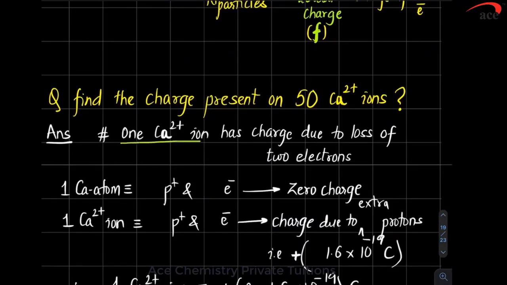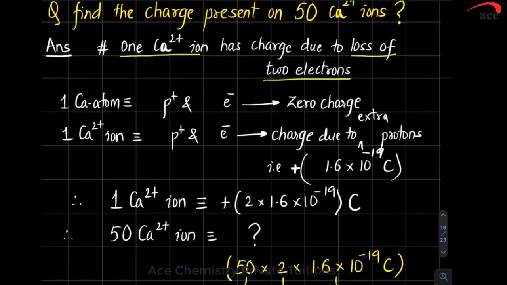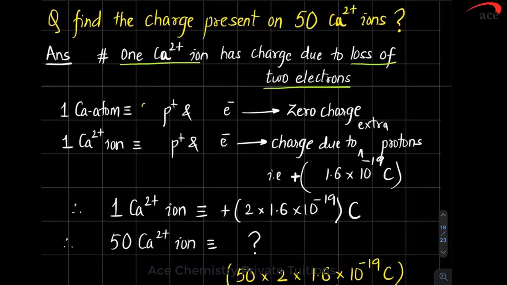What is the charge present on 1 calcium ion? It is due to loss of 2 electrons. You know, 1 calcium atom has 20 protons and 20 electrons, and therefore has 0 charge, because number of protons and number of electrons are equal.